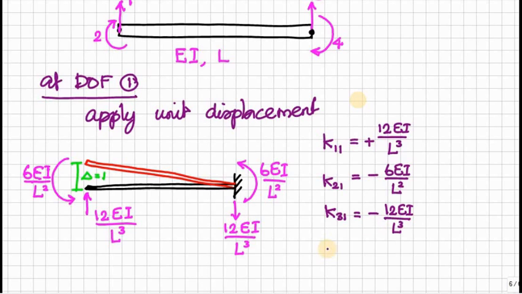Similarly, K41: here we have the moment acting in the opposite direction, therefore minus 6EI by L squared. So these are the stiffness coefficients due to unit displacement at degree of freedom 1.